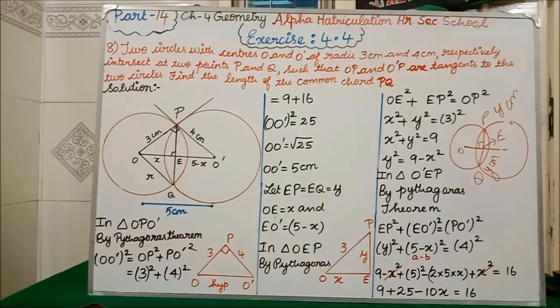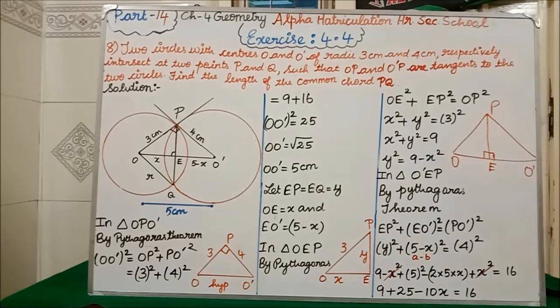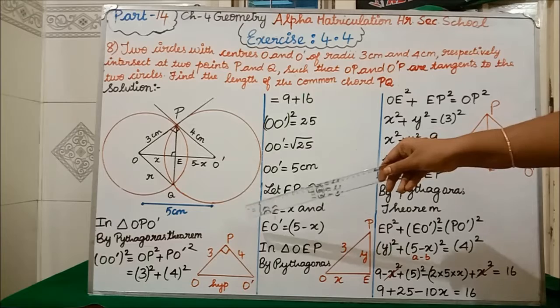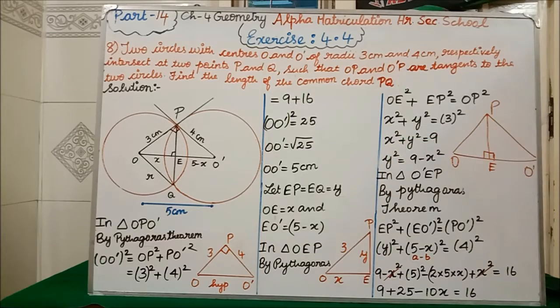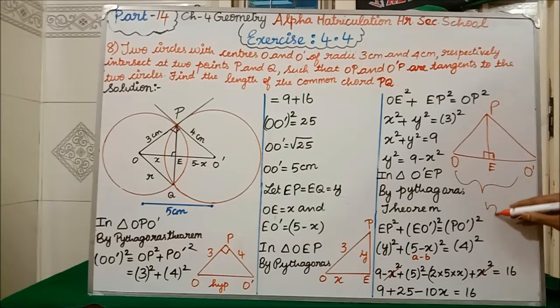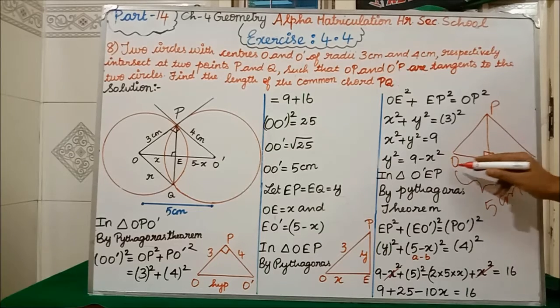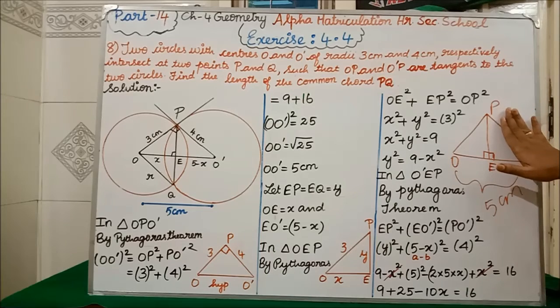Now first we have taken the whole triangle. See this diagram. First what I have taken? I have taken the full triangle O, P, O dash. With that we have found the full length OO dash, it is 5 centimeter. Next we are going to take this part of the triangle, which is OEP.